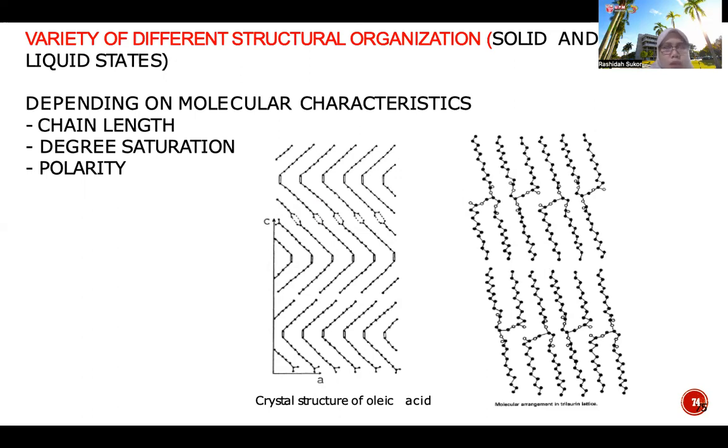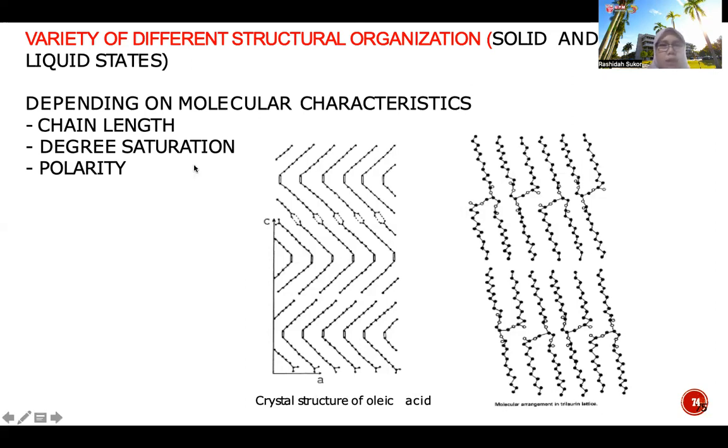But if we see the molecules of the fat under a microscope, you can actually see that fat has crystals in the fat molecule. There are 3 types of crystal, alpha, beta and beta prime. We will see later. So the crystal arrangement in the fat gives the characteristic of the fat itself.